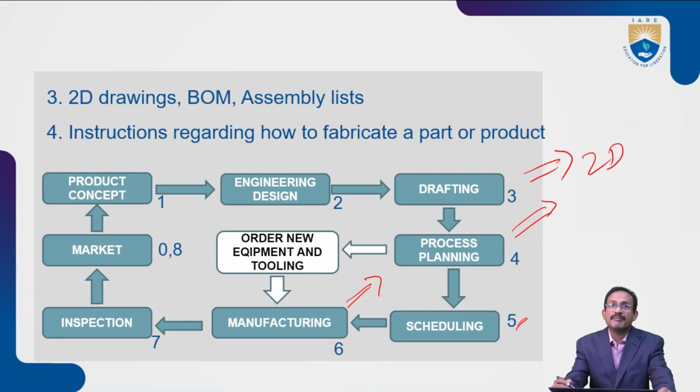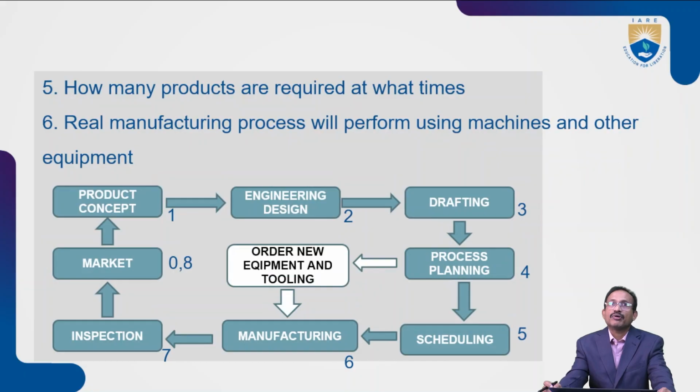Based on the demand outside, we'll see how many products are to be manufactured at particular times. How many products are required at what times? So scheduling department people will say, by next Sunday, these many products are to be manufactured and sent to the showrooms of different areas.